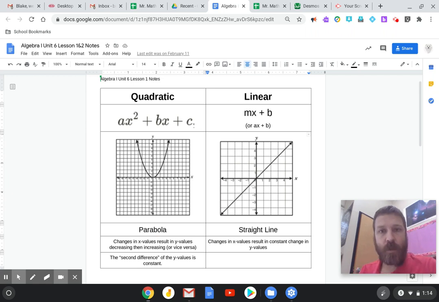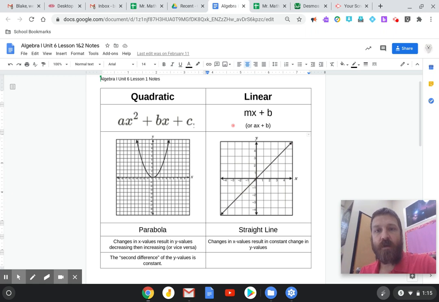I'm going to start over here with linear. A linear function is a function that graphs a straight line. You can see that the word line is in the name of linear functions. The formula for that is mx plus b.